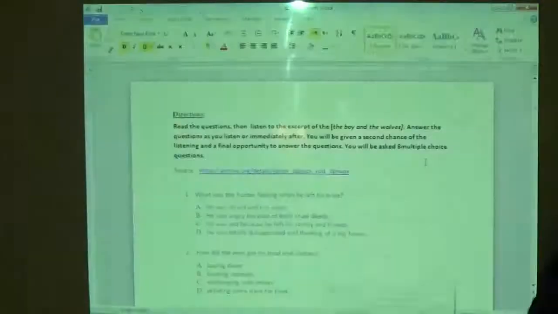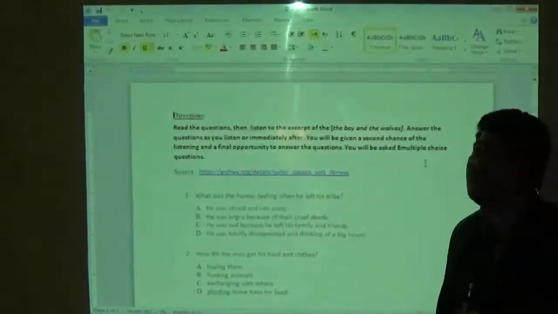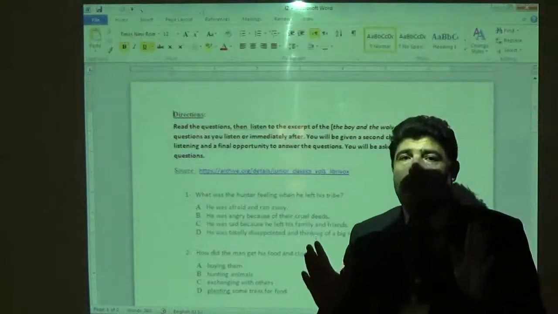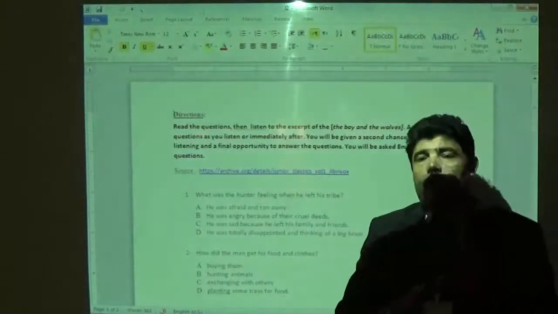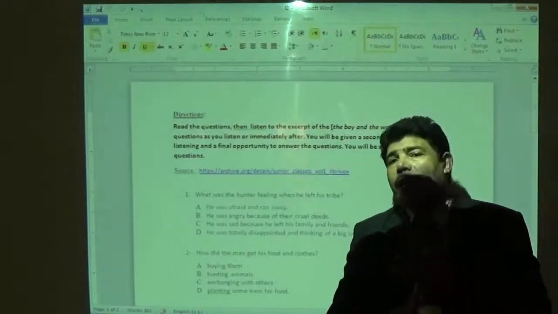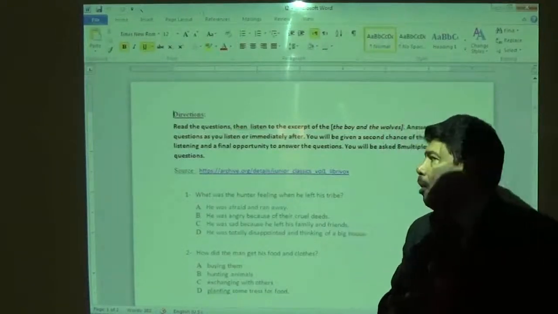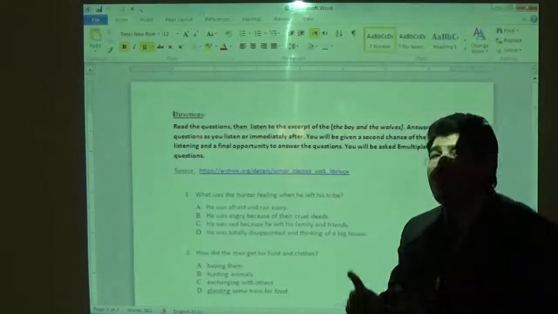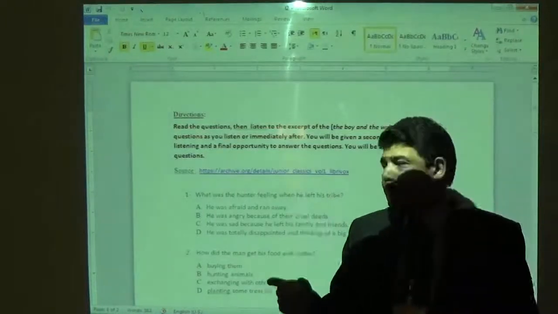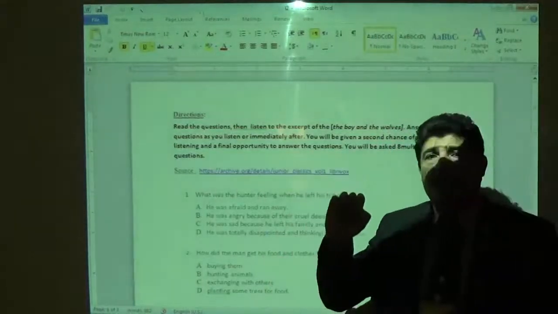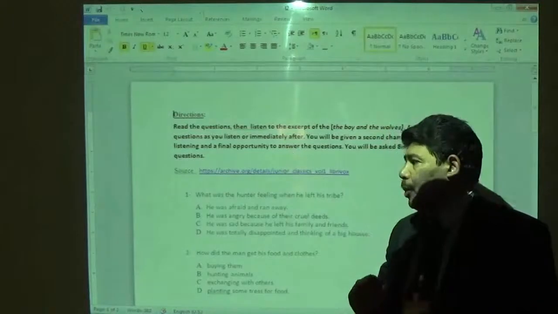And the second part is listening to the story. You are going to listen to a story, and in stories you are going to focus on the narrator, the feeling of the narrator, and the point of view he is telling the story from. Is it first person or third person or whatever? And what are the characters in the story?